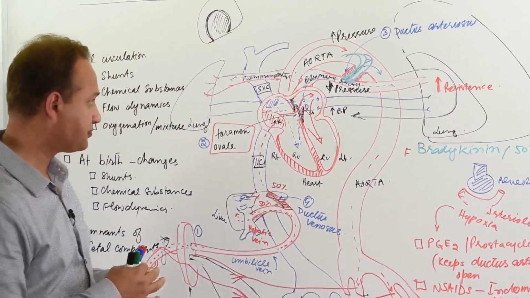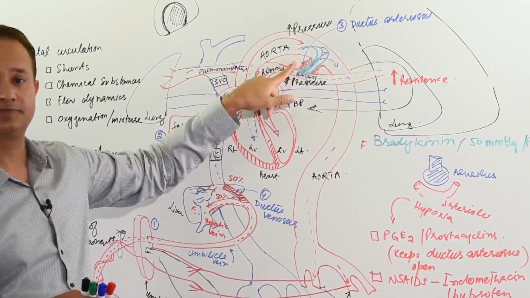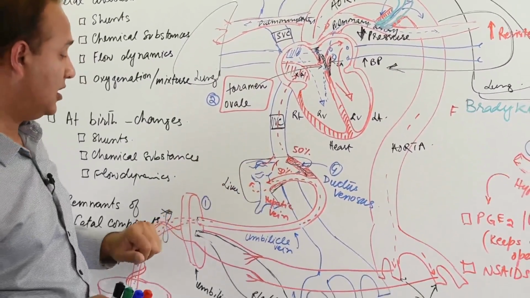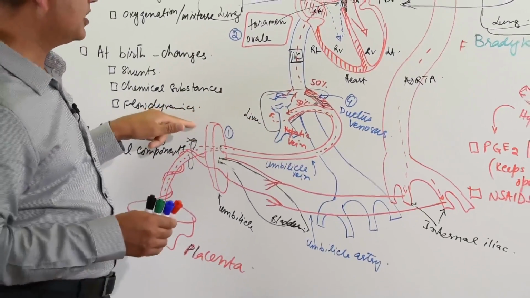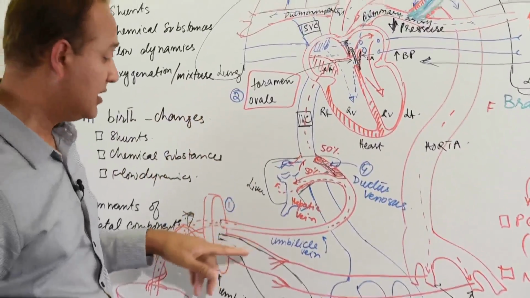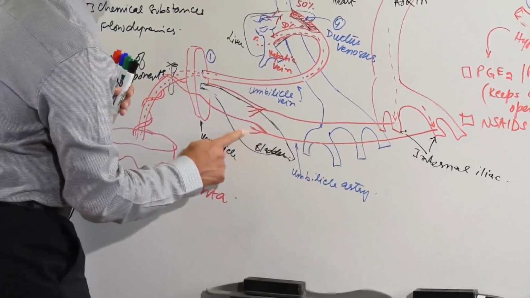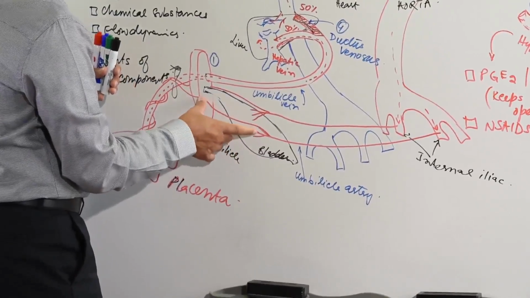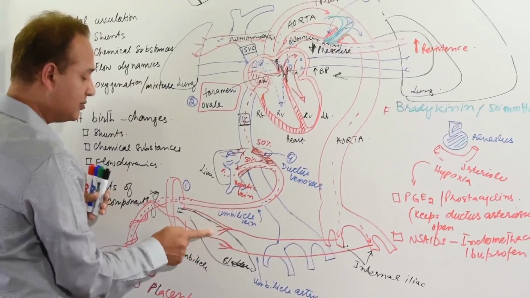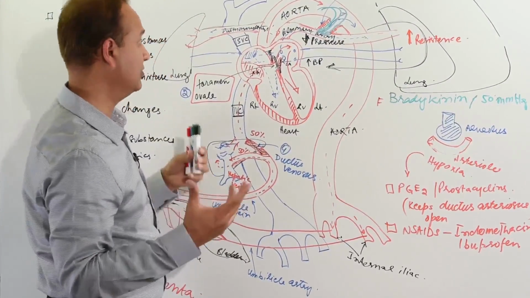The remnants are simple. Ductus arteriosus becomes ligamentum arteriosum. Ductus venosus becomes ligamentum venosum. Umbilical vein becomes the round ligament of the liver, the ligamentum teres. The umbilical artery, the proximal part becomes the superior vesical artery, and the distal part, the abdominal part, just connects the bladder to the umbilicus and becomes the medial umbilical ligament.